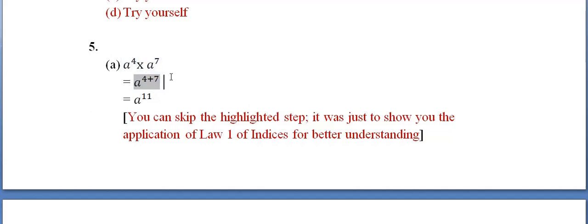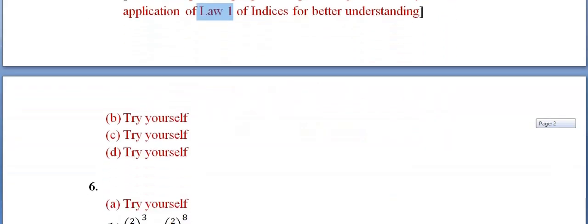So when these bases are to be multiplied with each other and they are same but the powers are different, it means that the powers are to be added. 4 plus 7. So now simply using this law 1 of indices, you can solve question number B, C, and D.